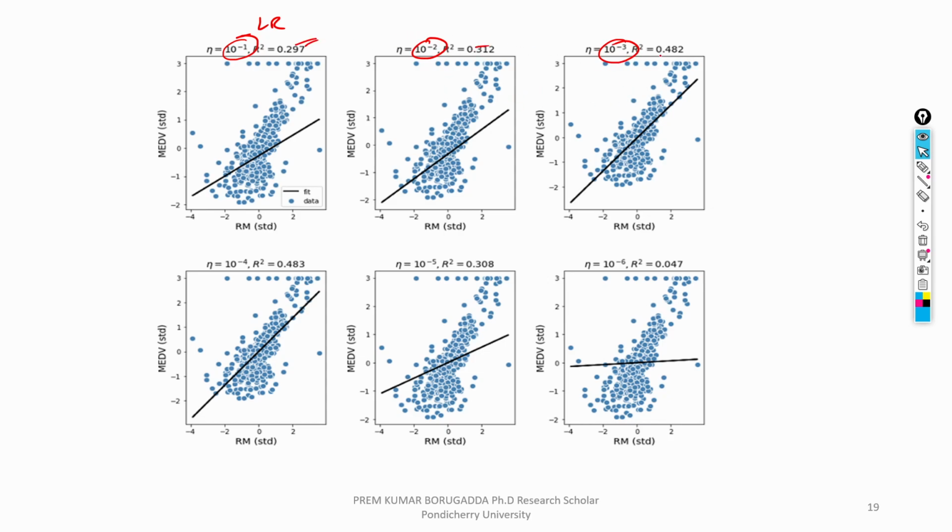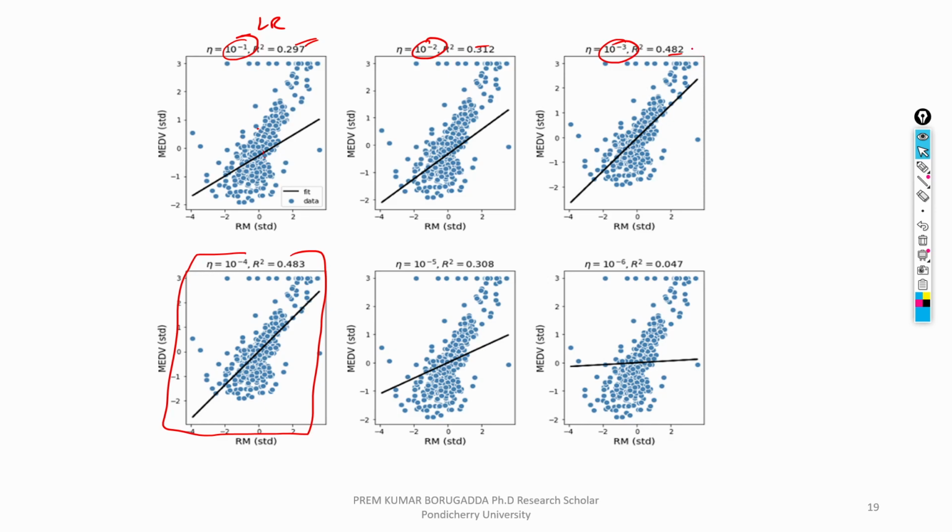Whenever the learning rate decreases, the accuracy, the R2 score value, somewhat increases. Among the regression lines, which line passes through most of the data points? In this diagram the learning rate is 10 to the power minus 4, which means the R square is 0.483.